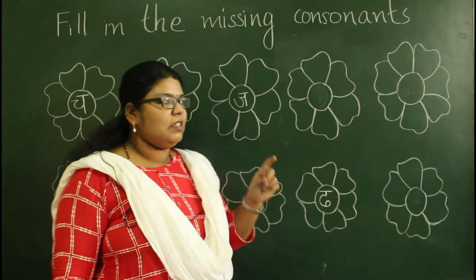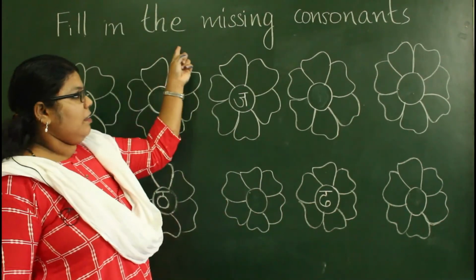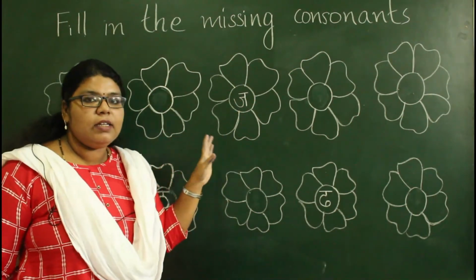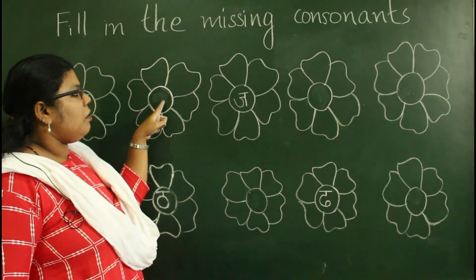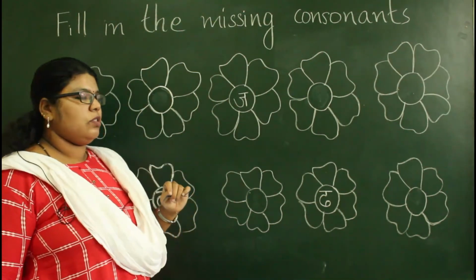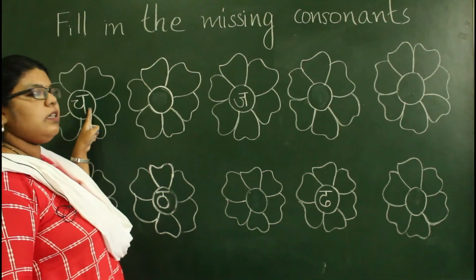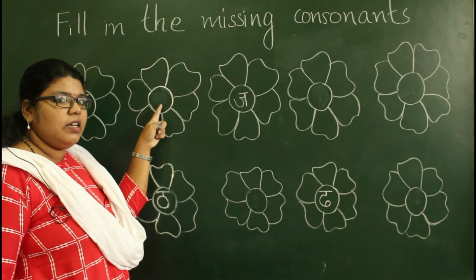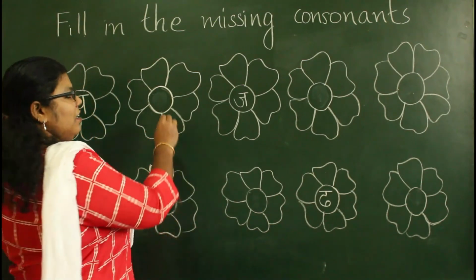Children, our next activity is fill in the missing consonants. I have drawn some flowers over here. Some consonants are missing here. Okay, you have to fill those consonants. Cha is already here. And which is the next consonant? Cha, cha. Very good.